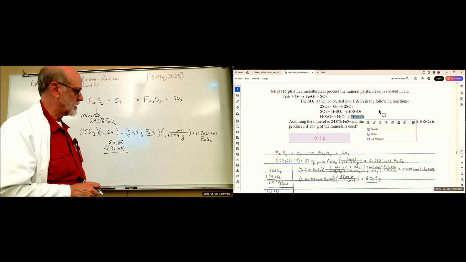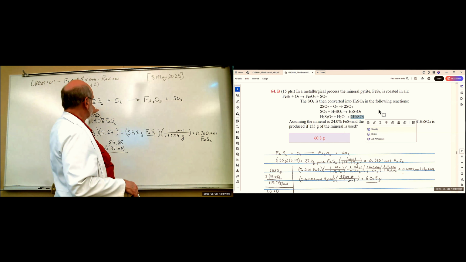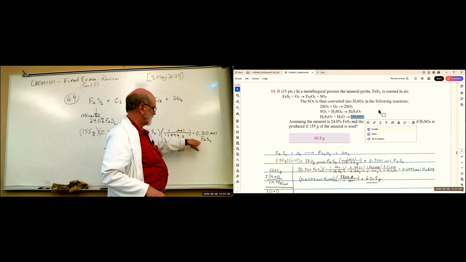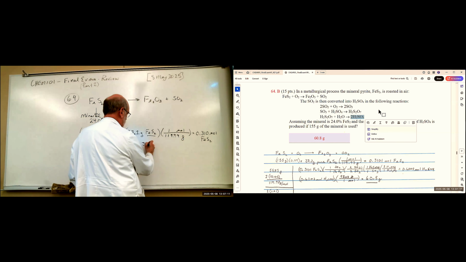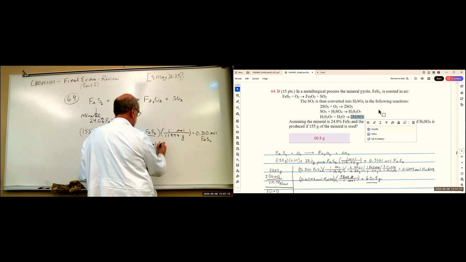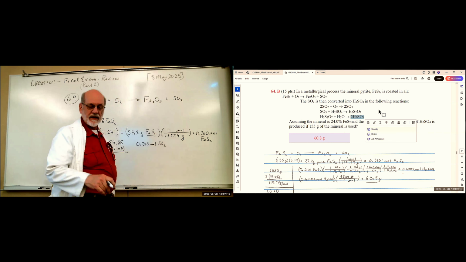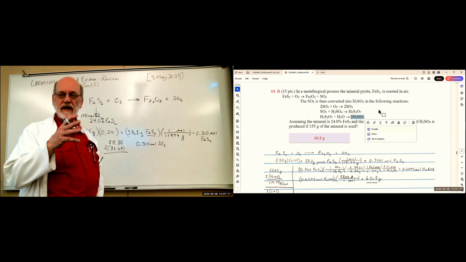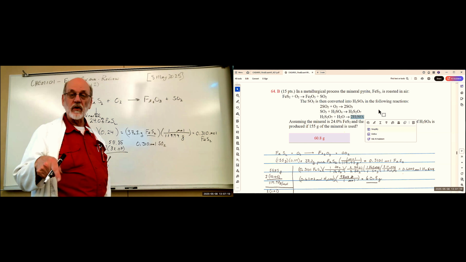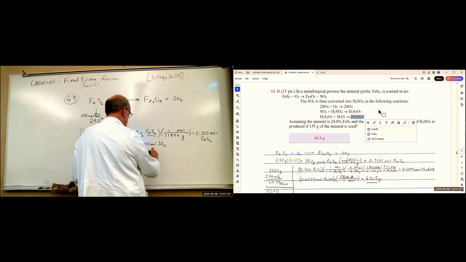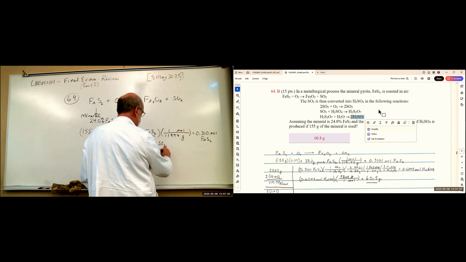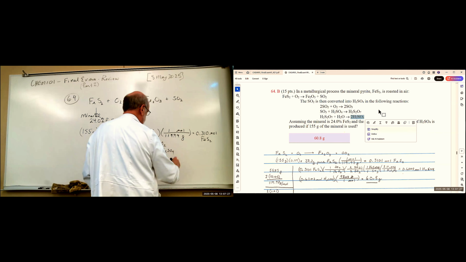So what's the ratio here? Well, the ratio is 1 to 1. So that's 0.310 moles of sulfur dioxide. And since the ratio of sulfur dioxide to H2SO4 is 2 to 2, or 1 to 1, this is also the number of moles of H2SO4 that are produced.